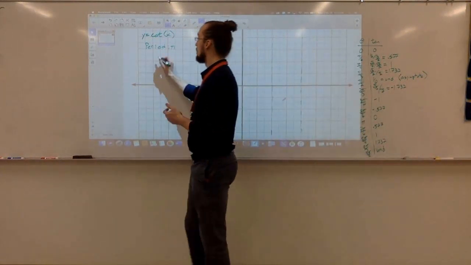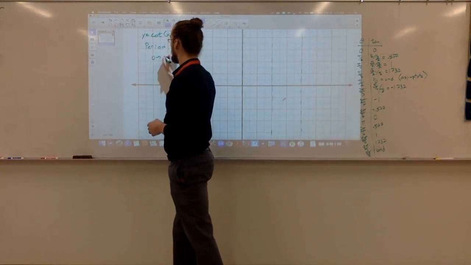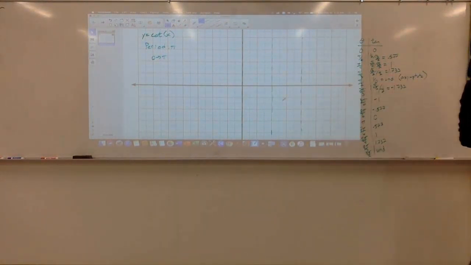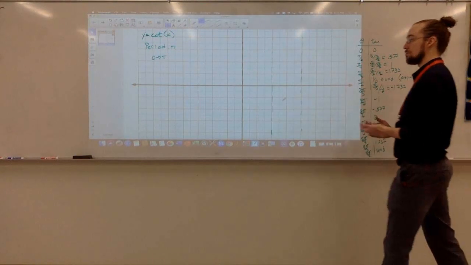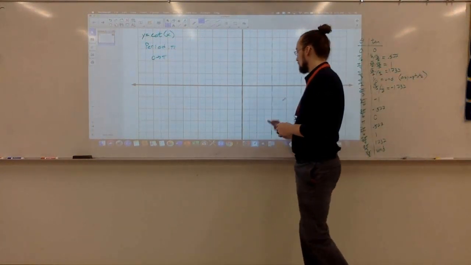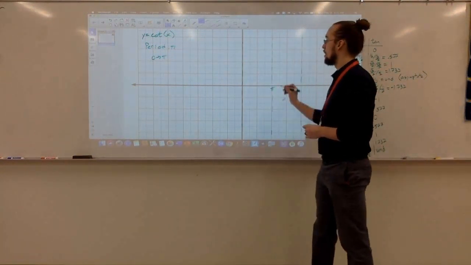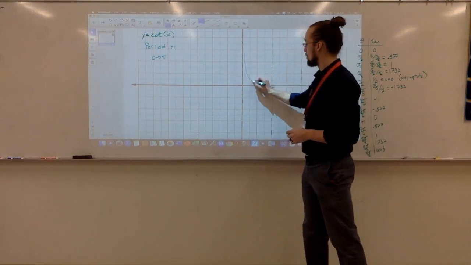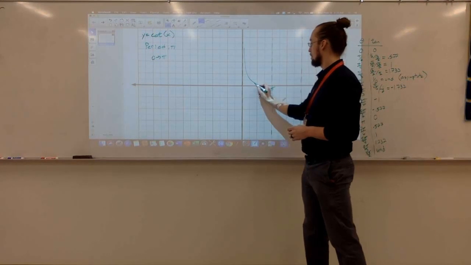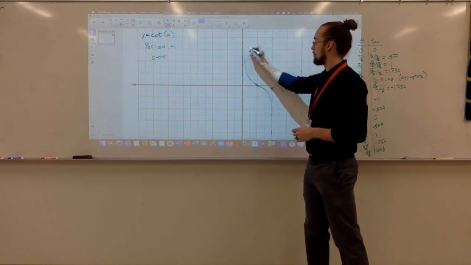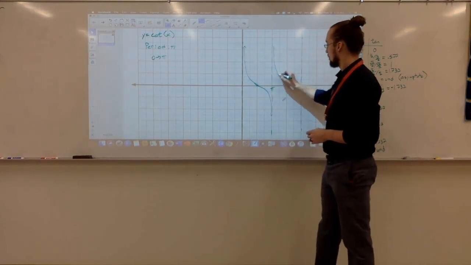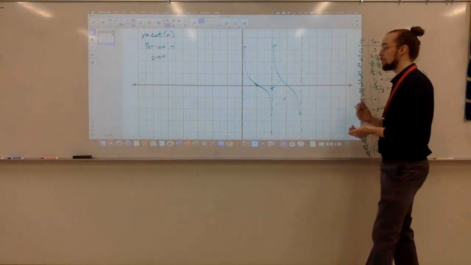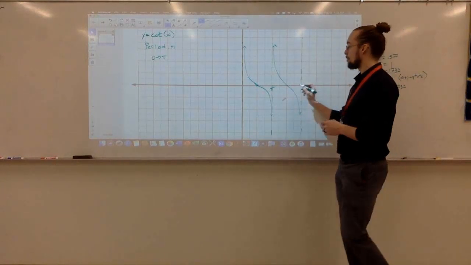Right? For tangent, we said it was negative pi over 2 to pi over 2. For cotangent, it's actually a little bit easier before we shift it at all. It would just be 0 to pi. The cotangent curve then just looks like a backwards tangent curve. Right? And it would continue to repeat itself every pi.